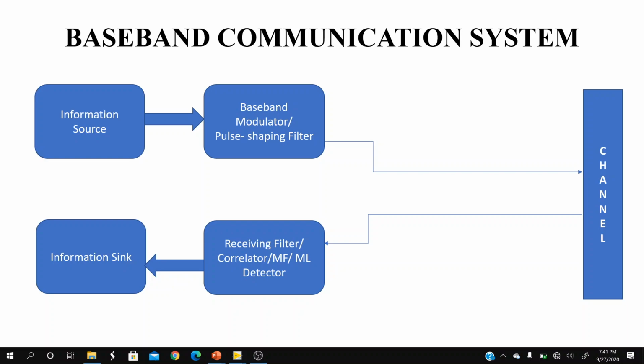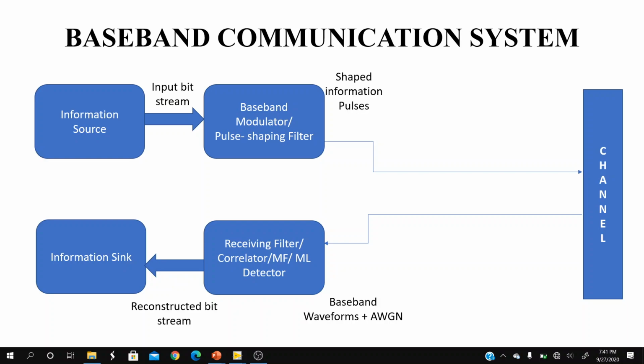Using the sample, we will detect whether the sample corresponds to the symbol. For the case of M equal to 2, we are going to decide whether the sample corresponds to symbol S1 or S2. So we shall see what are all the inputs and outputs involved here.